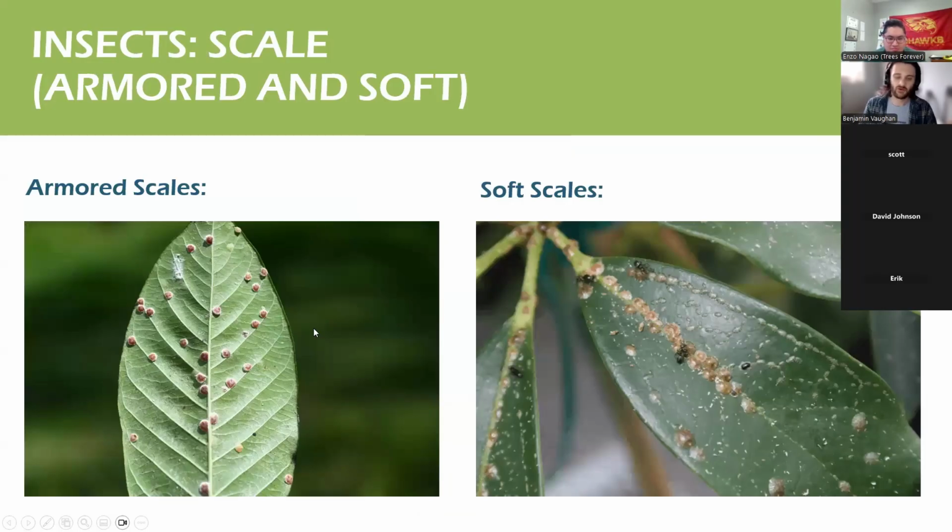Scales. So this also might be something you've noticed maybe on leaves before, or in some cases. So let me scoot back a bit. The scales are just a little insect, and a lot of times once they're in their adult form, they don't move at all. They'll just basically suck water and nutrients out of the leaves. And this can lead to defoliation over time.